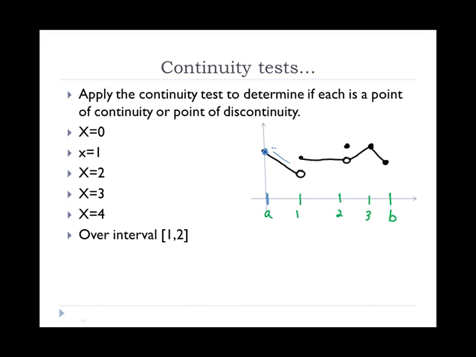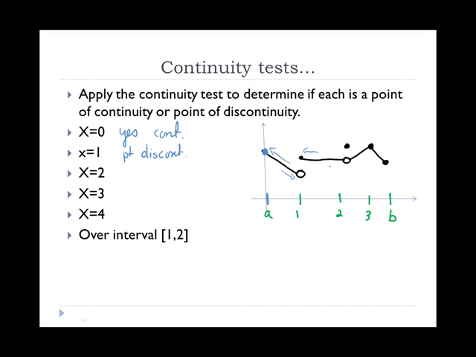As I approach from the left to x equals 0, am I approaching the function value? And the answer is yes, this is continuous, or that is a point of continuity. At x equals 1, I have to approach from the left and the right, and I am not approaching the same number, so this is a point of discontinuity.